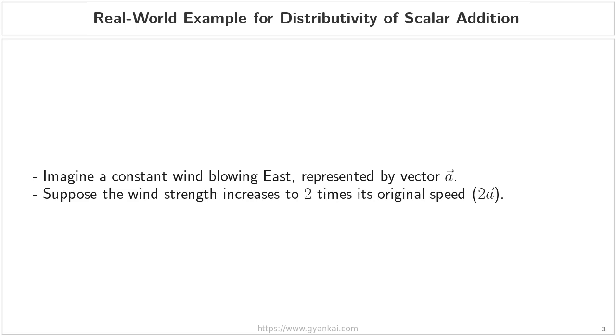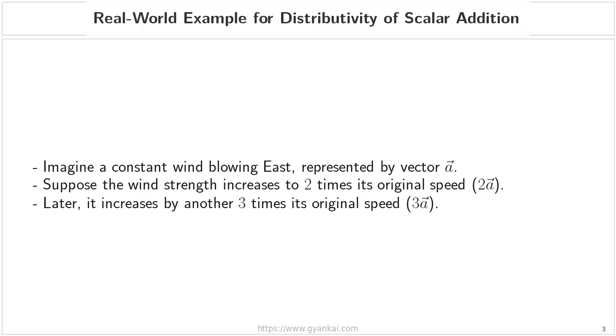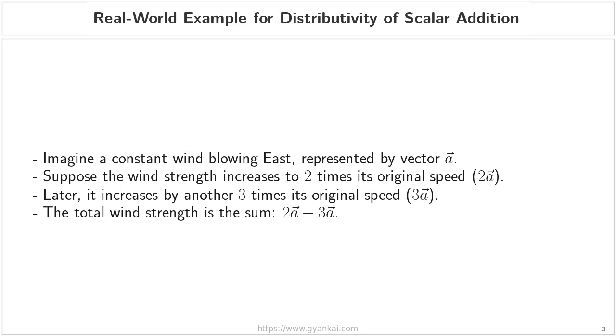Suppose that first, the wind strength increases, and it is now moving at 2 times its original speed, which we write as 2a. Later on, the wind picks up even more, increasing by another 3 times its original speed, represented by the vector 3a. To find the total wind strength acting on us, we simply need to find the sum of these two vectors, which is 2a plus 3a.